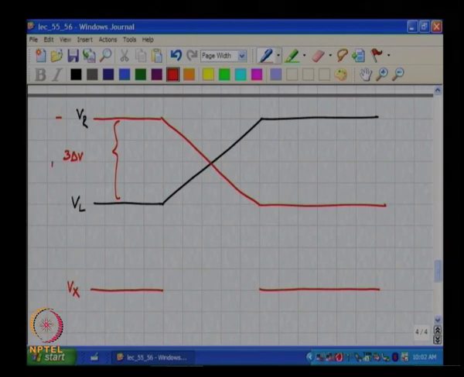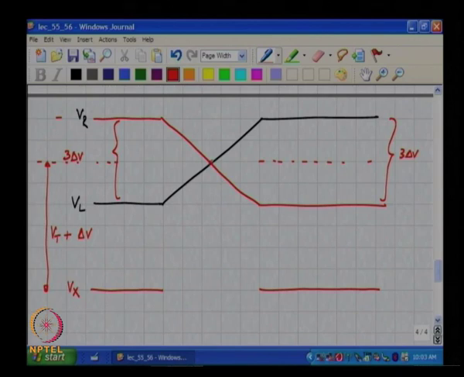So, Vx before the transition occurs is the average of Vr and Vl minus, so this difference will be Vt plus delta V. And this absolute voltage is Vr plus Vl by 2. And the same thing happens well after.